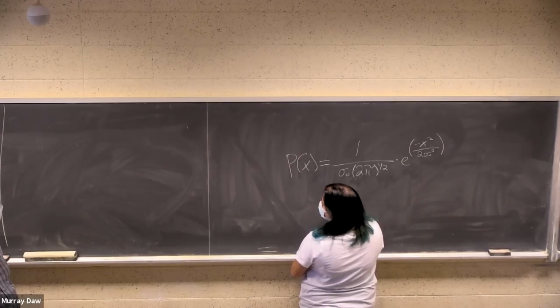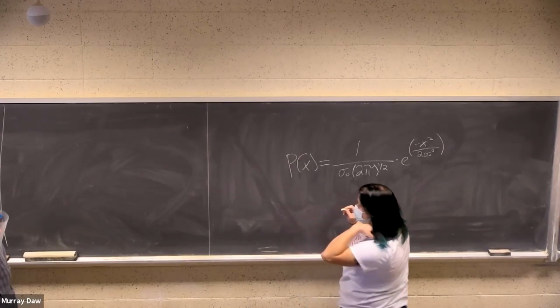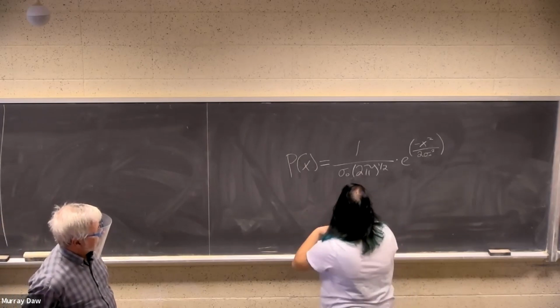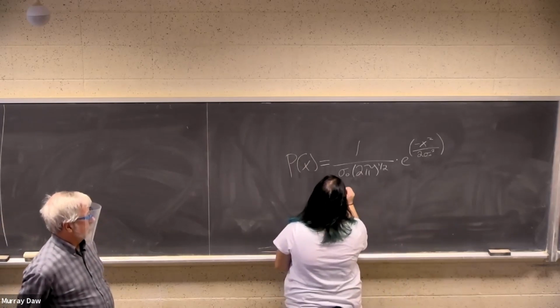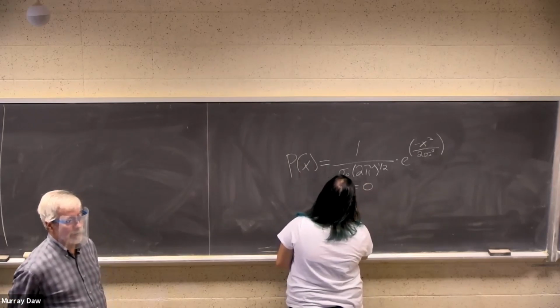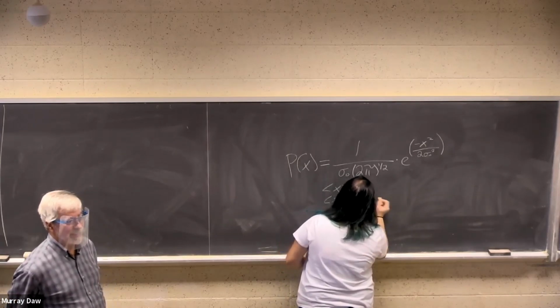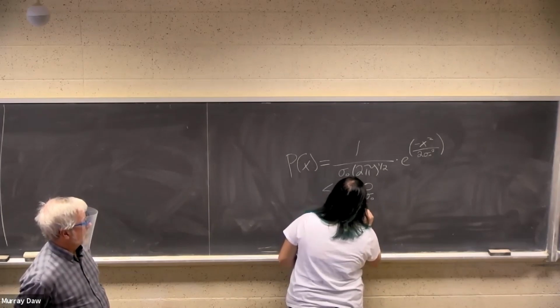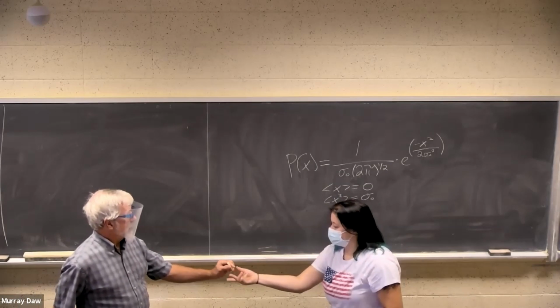Do you want me to do them all? Well, maybe just write down your answers and then we can talk about how you got them. He wants to solve for them on the board. Well, let's see how it goes. Okay. All right.